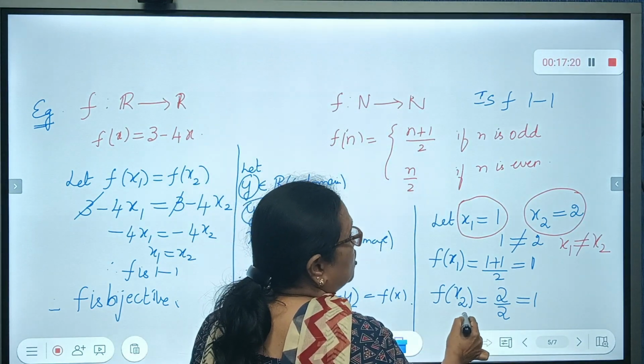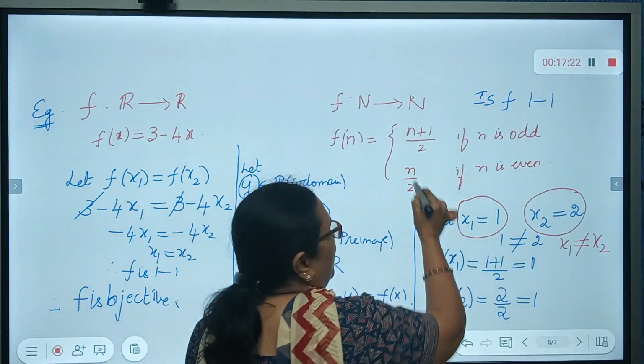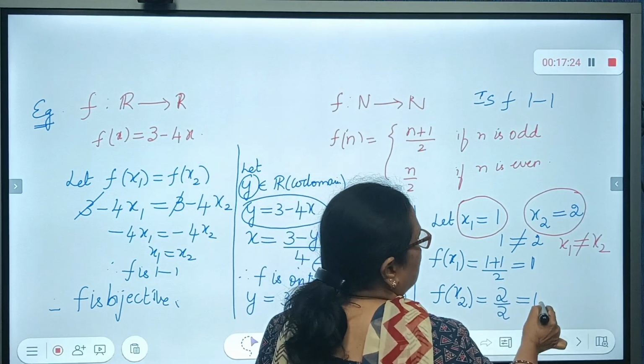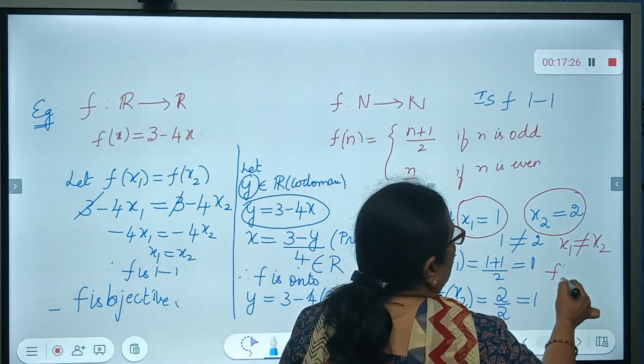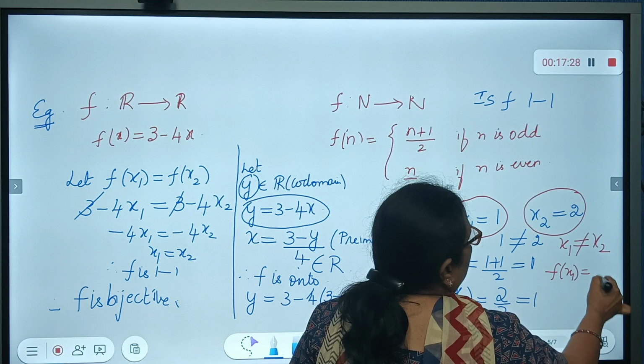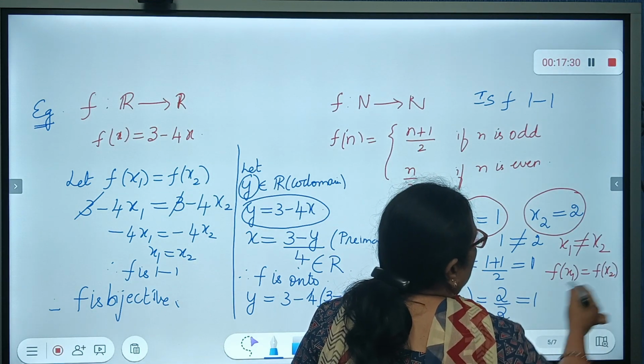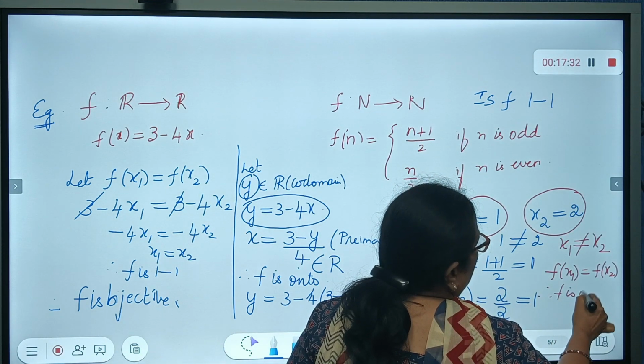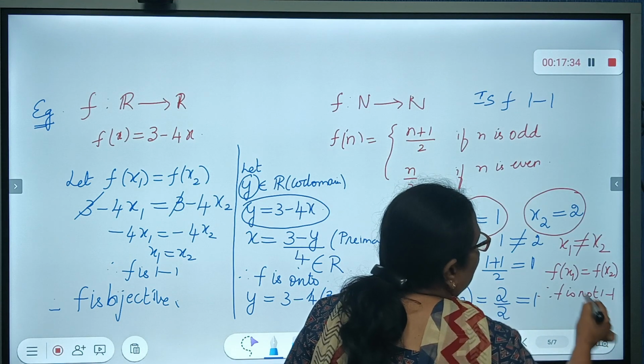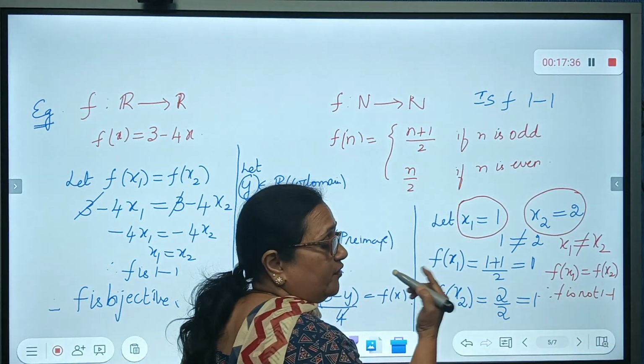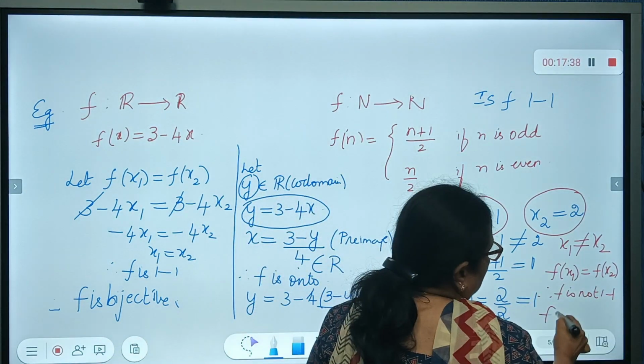For f of x2, x2 being even, I have used the formula n by 2, so 2 by 2, which is 1. So f of x1 equals f of x2. Therefore, f is not 1 to 1. Even if it fails in one case, f is not bijective.